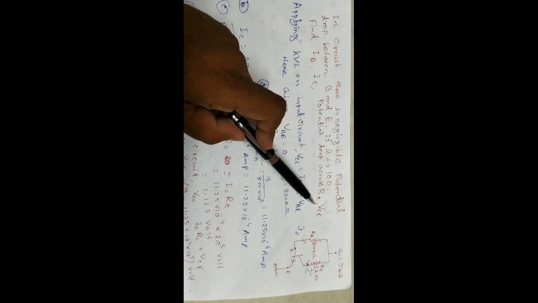So the potential drop across RC equal to IC into RC, and the value is 1.125 volt. Now another question is given, find the value of VCE.